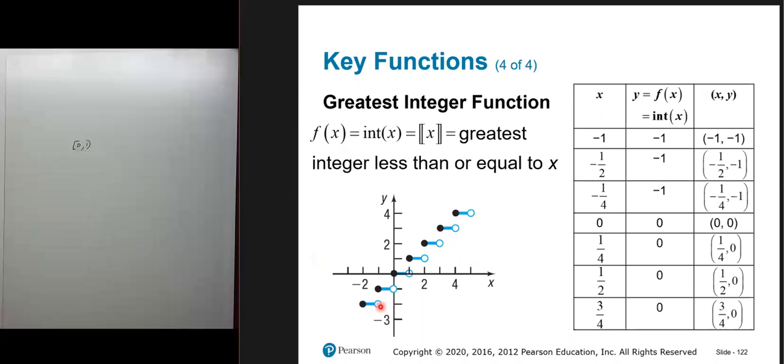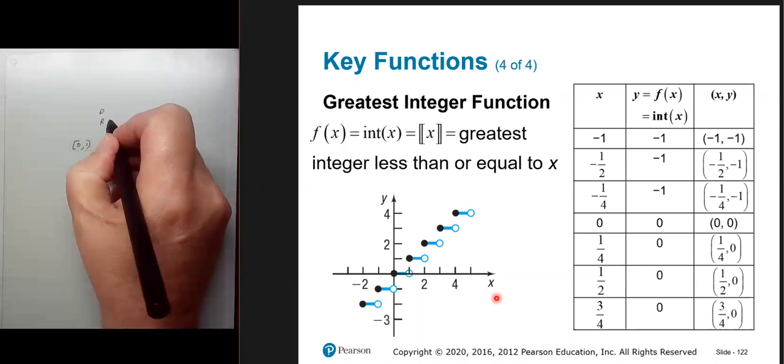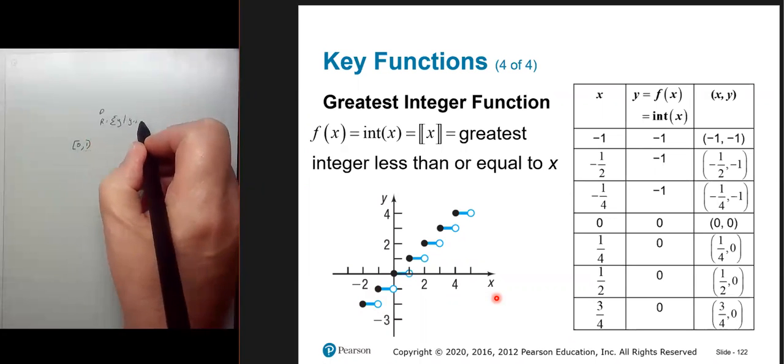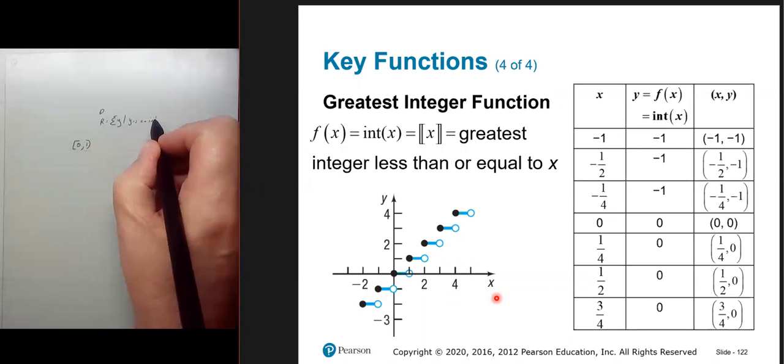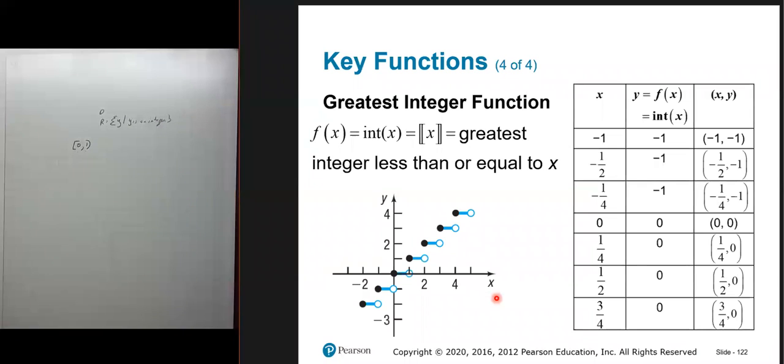Yes, there are gaps at the integer values, but they're included in the next portion of the graph. So all the x values are included. But the y values are just the integers. The domain is all real numbers, and the range would be all y such that y is an integer, because you only get integers back.